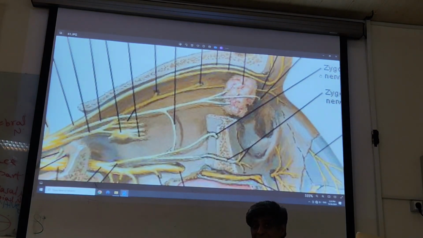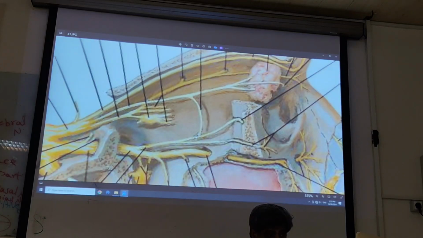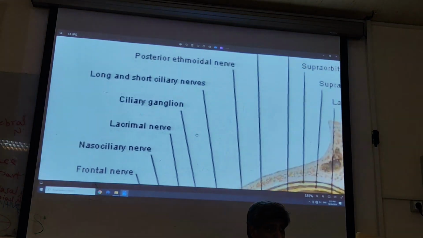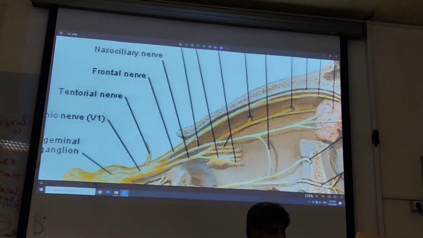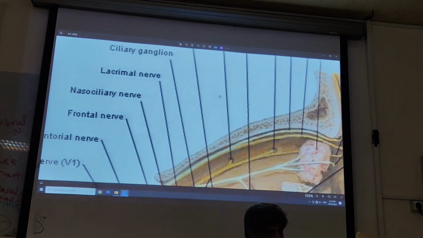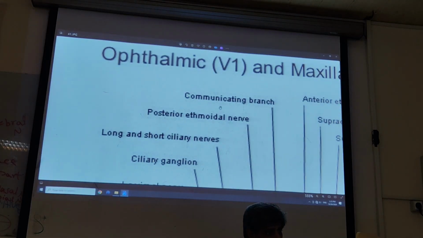Parasympathetic fibers join which branch of zygomatic? Zygomaticotemporal, very good. And it communicates with which branch of ophthalmic? Lacrimal, a communicating branch between lacrimal and zygomaticotemporal.